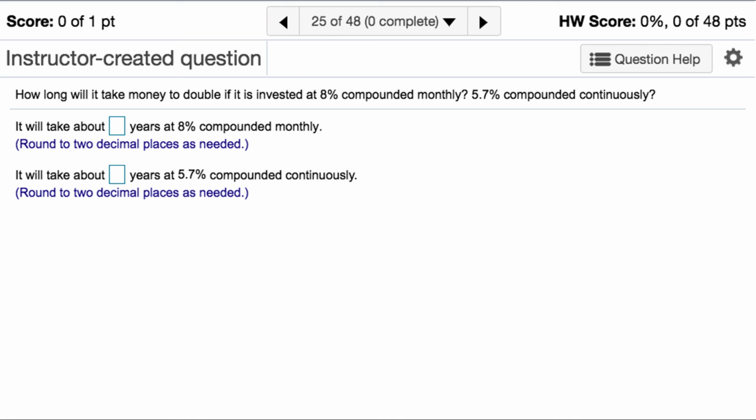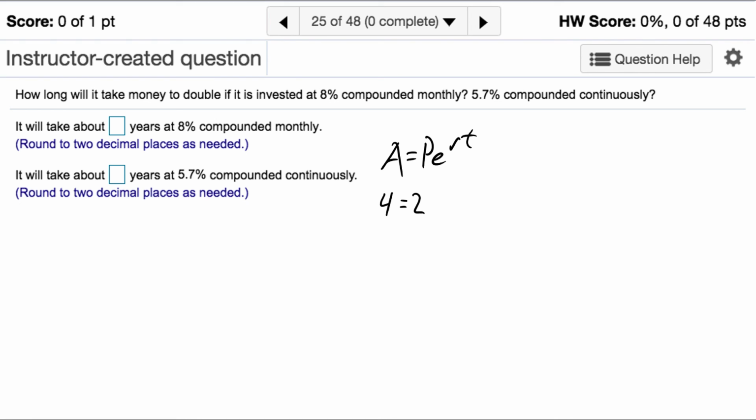Now let's figure out the second part, how long it would take for something to double at 5.7% compounded continuously. Again, the formula we'll use here is A equals Pe^(rt). Again, we can just choose whatever amounts of money we want. So I'm going to use $2 and $4 again. A would be 4, that's the amount we would have after some amount of time.